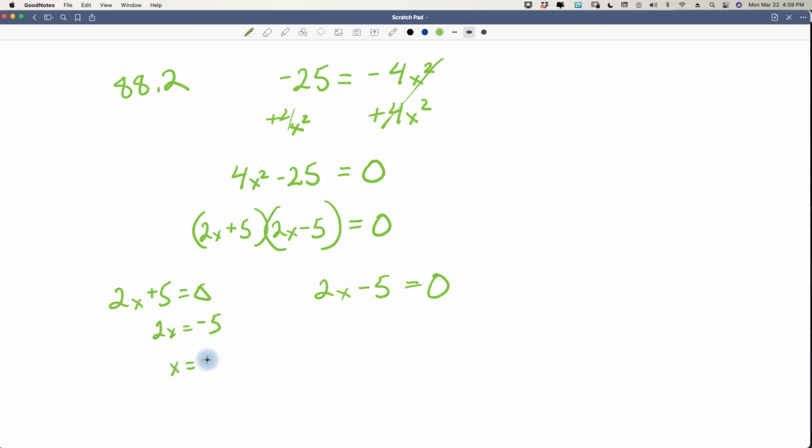X equals negative 5 over 2. 2x equals positive 5. X equals positive 5 over 2. When you have a perfect square, you are going to get the same answer, but one's going to be negative and one's going to be positive. Okay?